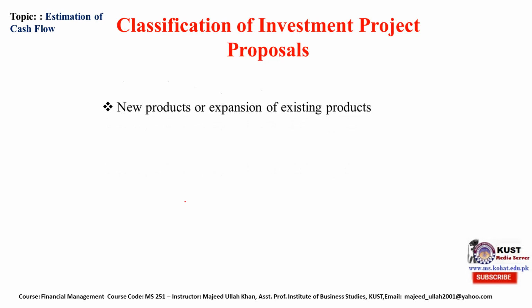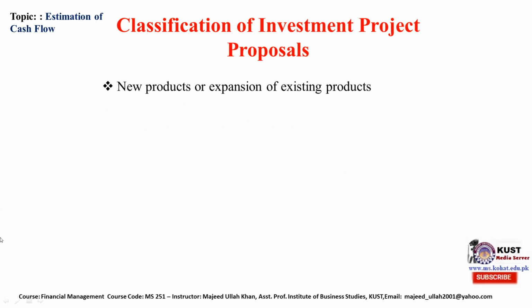Classification of investment proposals. New product or expansion of existing product. For example, when a pharmaceutical firm decides to invest in developing new medicines, we will call that a new product, or it may modify its existing product, which will be called expansion of existing products.